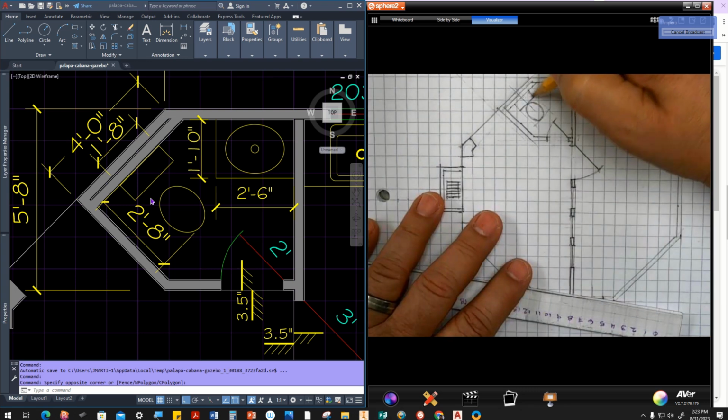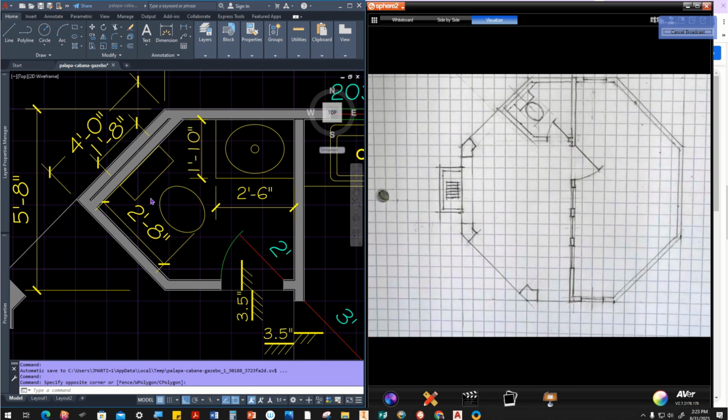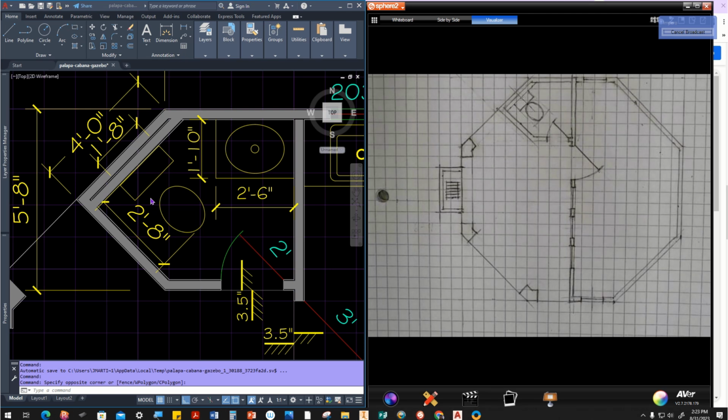Ew. A nice and comfy seat for your ellipse, or ellipse for a seat. And that's it for the symbol for the toilet.